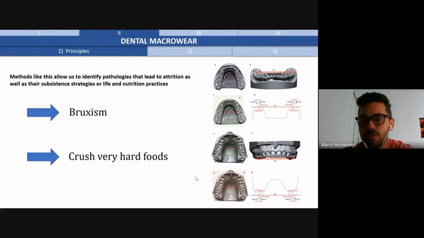We see food as an element of identity within a portion of the population. Due to the attrition found in the teeth, we can distinguish these macrowears, which provide us with information on eating practice, stress symptoms, living condition, and nutrition.